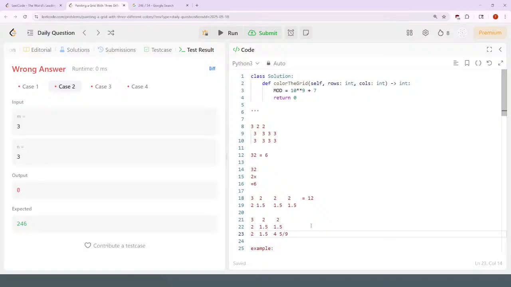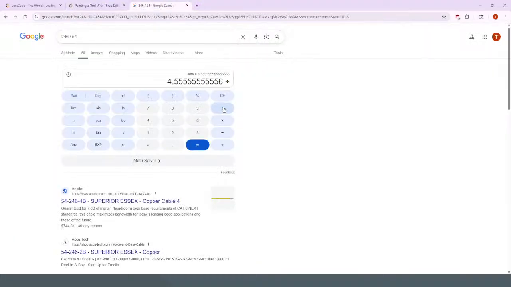Wait. Is that right? No, 4 and 5/9 is the whole multiplication of 2 times 1.5 times this x. So 4 and 5/9 divided by 2 divided by 1.5 divided by 1.5. What is that garbage?